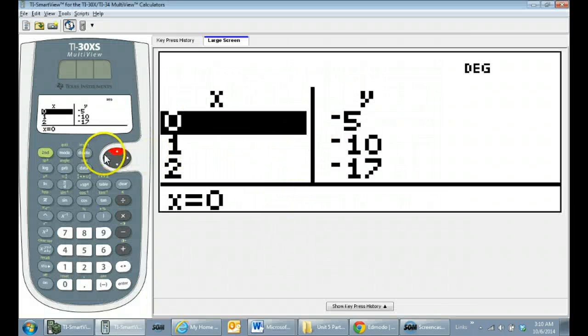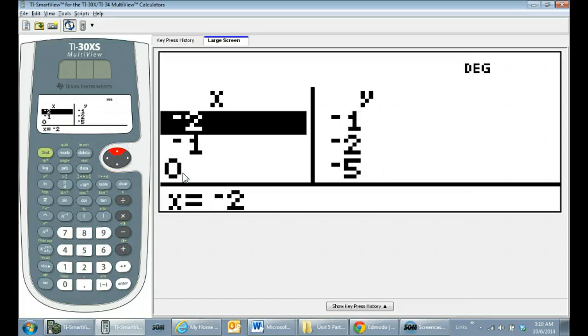Okay, and then we've got negative 5, negative 2, and negative 1.